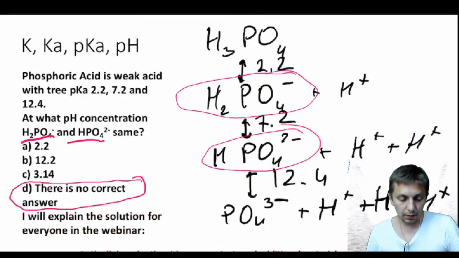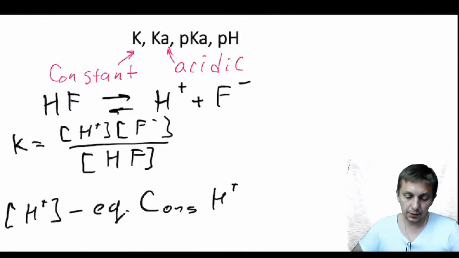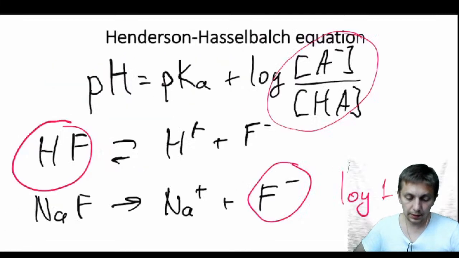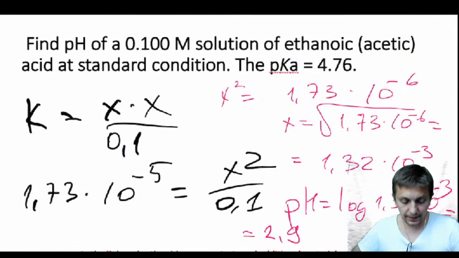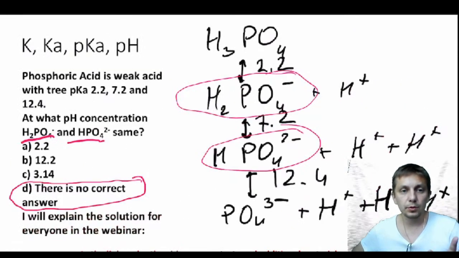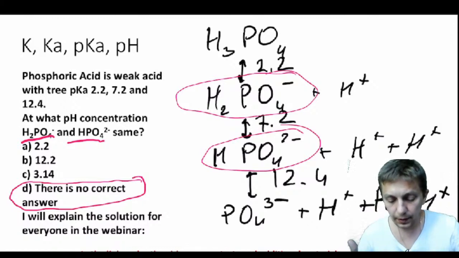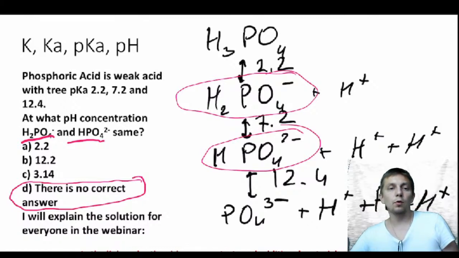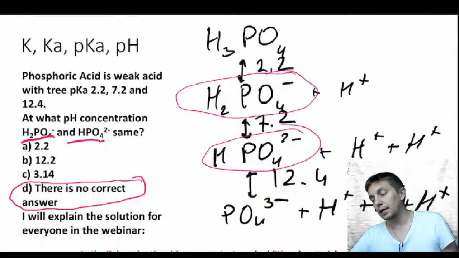So what must we memorize for dealing with such questions? At first, we must memorize the definition of the constant, the definition of pKa, and the Henderson-Hasselbalch equation. And second, sometimes if you have shorter questions like this, you need to just write all possible forms, especially with a weak electrolyte, weak acid, or weak base with multiple-step dissociation.